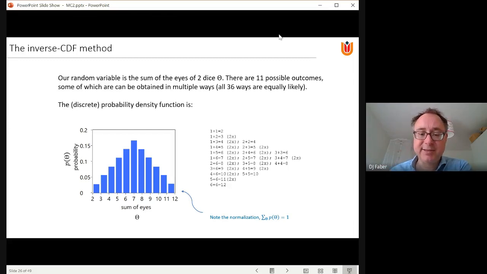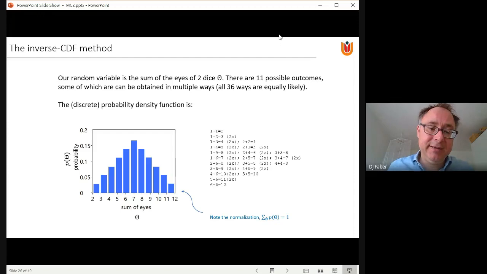The throw of the second dice also has equal probability for all faces, and they are independent. So we can write out all these possibilities. 2 you can only get by throwing a 1 and a 1 with both dice, but 7, for example, you can get in a multiple of ways.